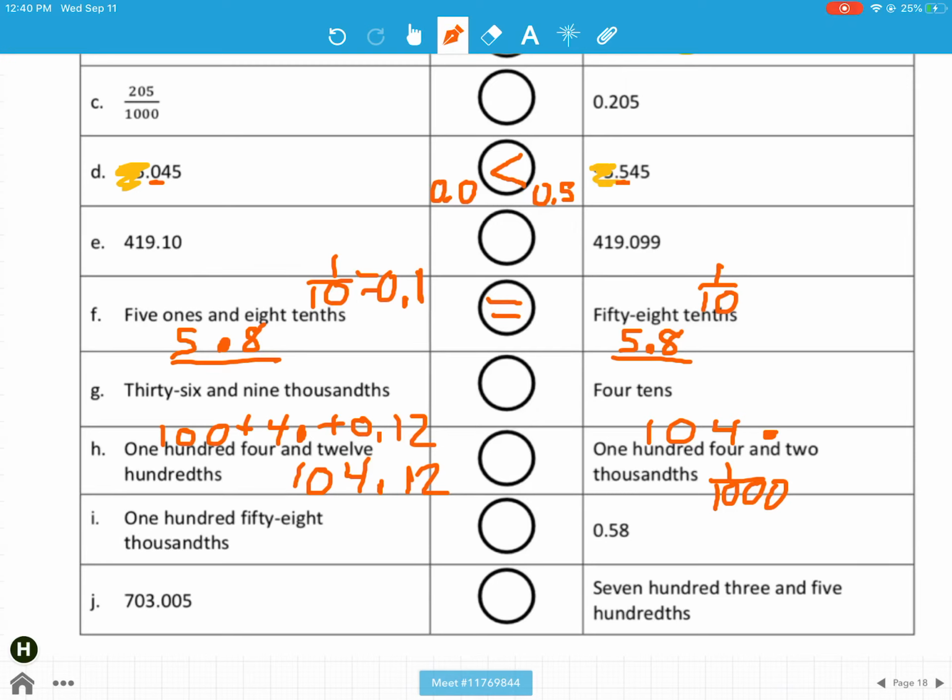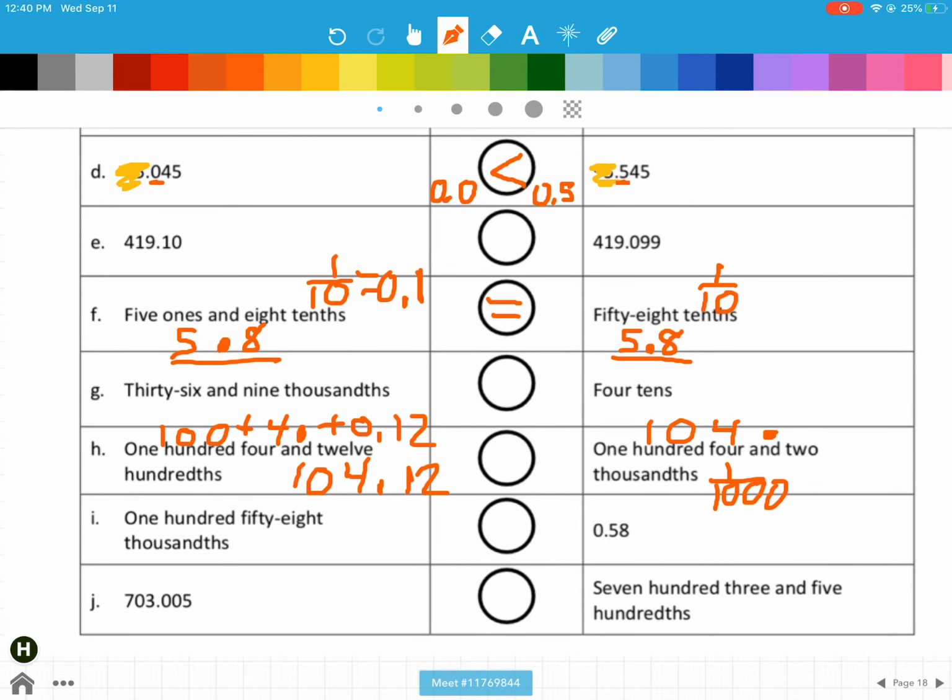I'm going to draw it with a line, but please be advised this is not the line showing you which one I'm comparing. That's showing you that thousandths means there's going to be 3 numbers, and since it's 2, the 2 is going to go over here. I'm going to fill these spaces with the 0.